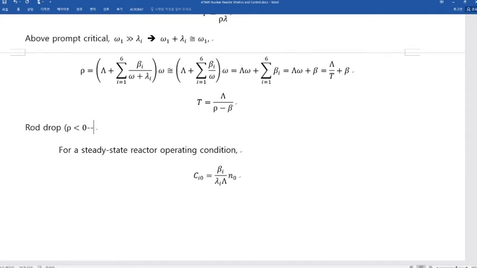So rho will be the same as minus its magnitude. It is simply to indicate that the reactivity is a negative value.